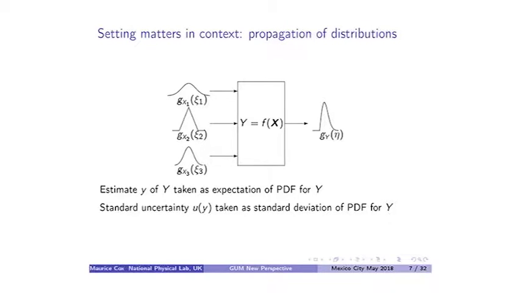It may be normal, it might be Rayleigh, it might be triangular, it might be anything. The GUM assumes the output distribution is normal or underpinned by a t-distribution. And the estimate of the output quantity is taken by the expectation of the output probability distribution. And its standard uncertainty is taken as a standard deviation of that distribution.